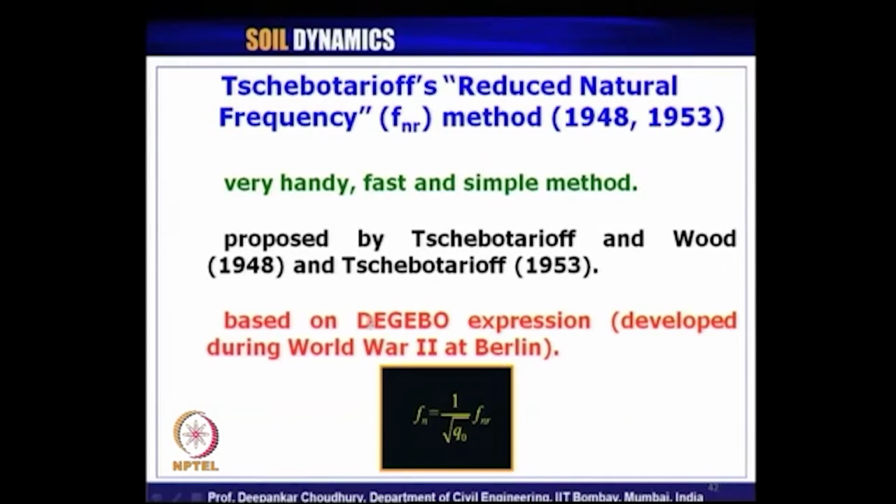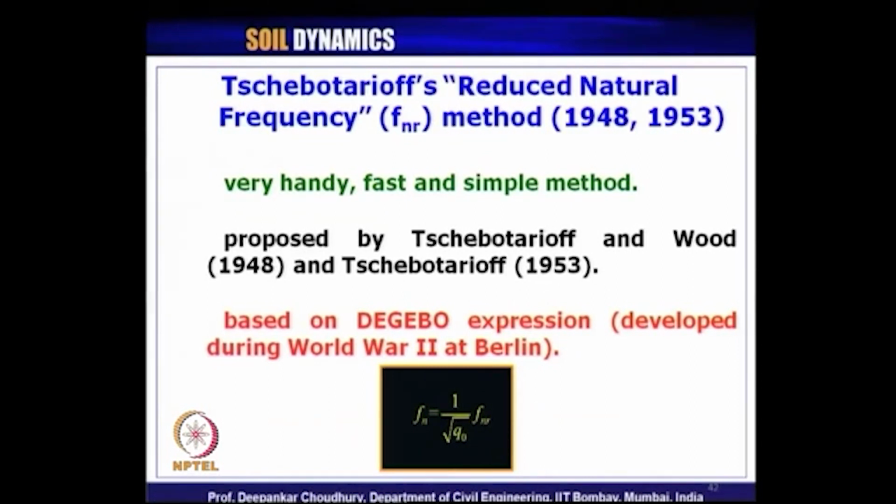Hitler used this to protect the underground, or to protect soldiers and arms etc., against any type of vibrations or bombing. So, that is how this Degebo model was proposed, used and further modified, and finally it took the shape of today's Shobeteriev's 1953 reduced natural frequency method.